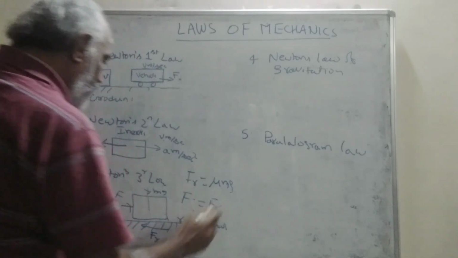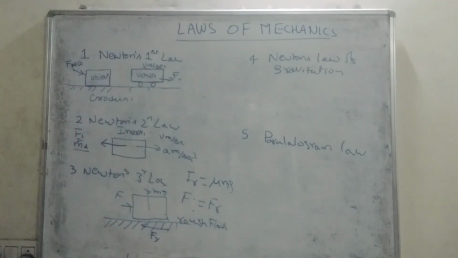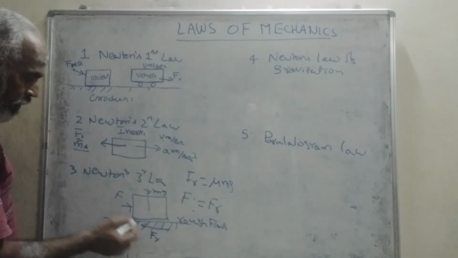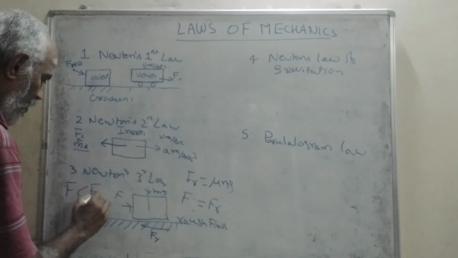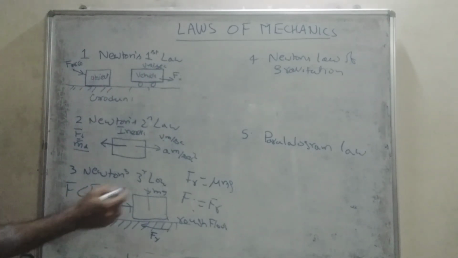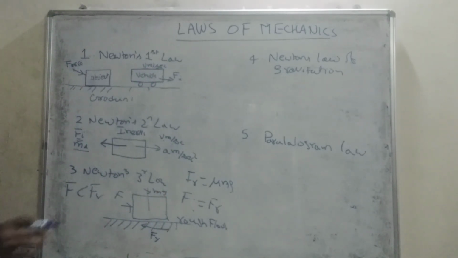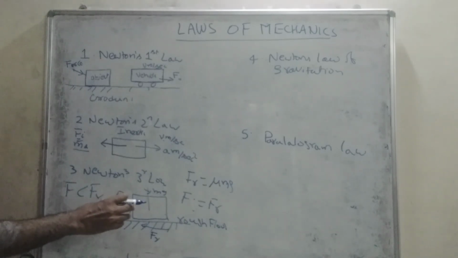That means for every action, there is an equal and opposite reaction. If you are applying some force F below the frictional force, that means F is less than Fr, where Fr is nothing but mu into mg, this object will be experiencing Newton's third law.